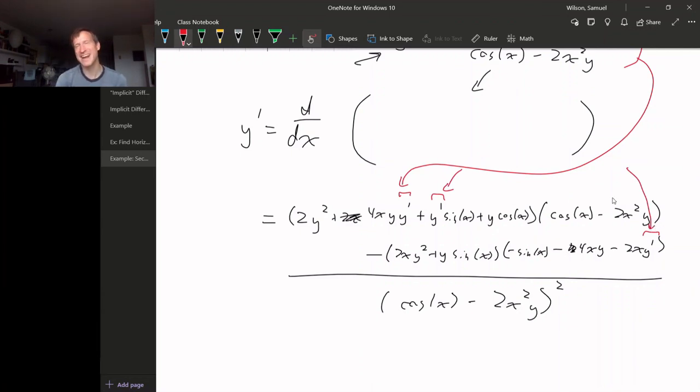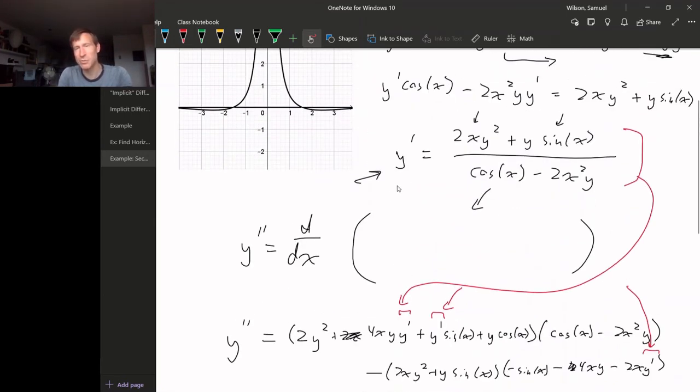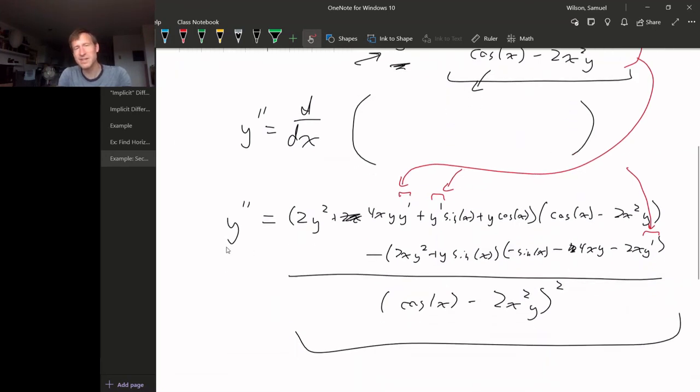So I won't write out what we get, but you can see that in principle, what we've calculated is the second derivative of y, and the formula that we're getting here is a function only of x and y. So just like we did with y prime, we got a formula involving x and y. A big, very messy formula that only has x's and y's in it.